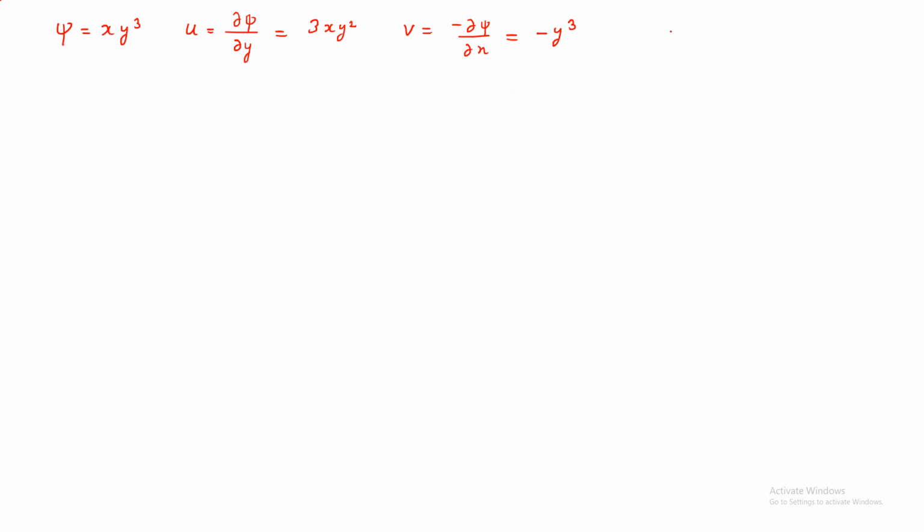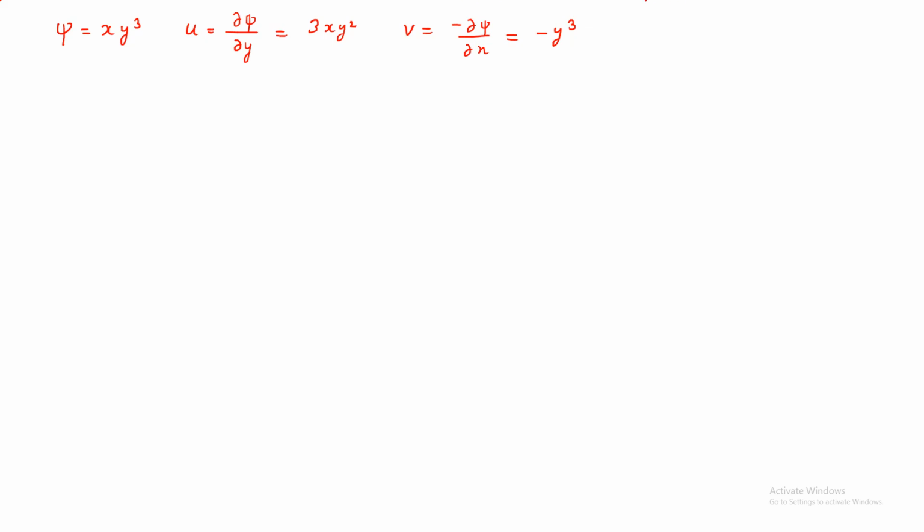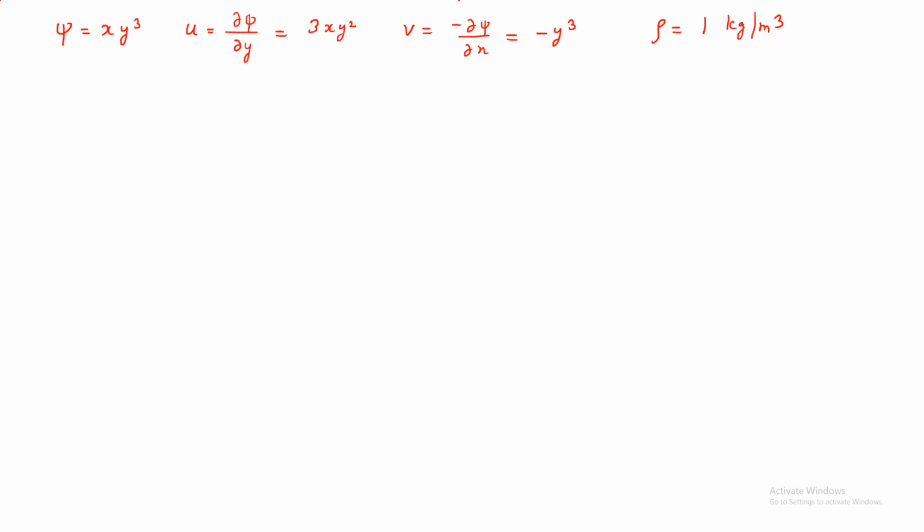Right? And what else is given? We have to find the pressure gradient when the fluid density is 1 kg per meter cubed, and the dynamic viscosity is 0.1 kg per meter second, and the pressure gradient dou p by dou x at x equal to 1, y equal to 1 is what?